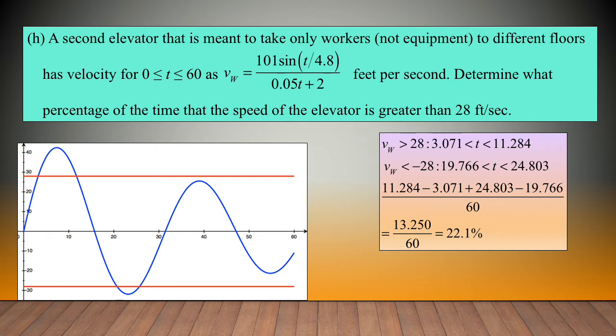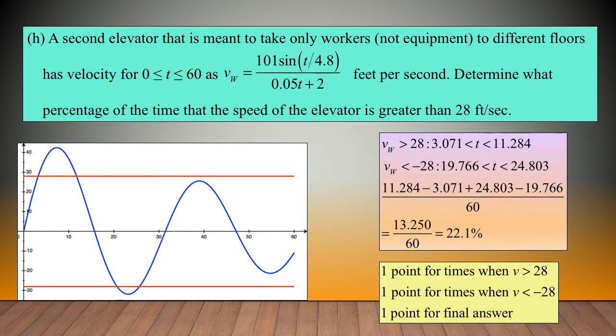We get 13.250 divided by 60, which is 22.1% of the time the speed of the elevator is greater than 28 feet per second. For grading, we get 1 point for the interval of time when v is greater than 28, 1 point for the interval where v is less than negative 28, and then 1 point for the final answer in terms of percentage.